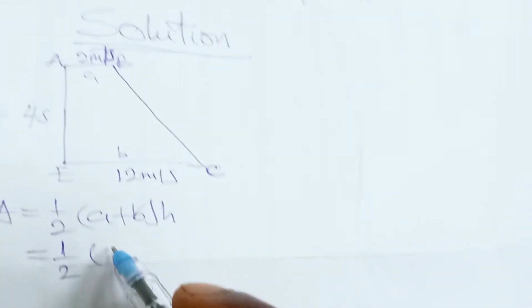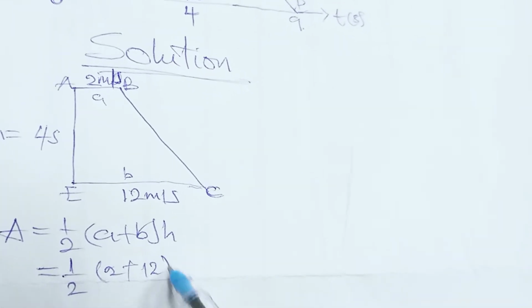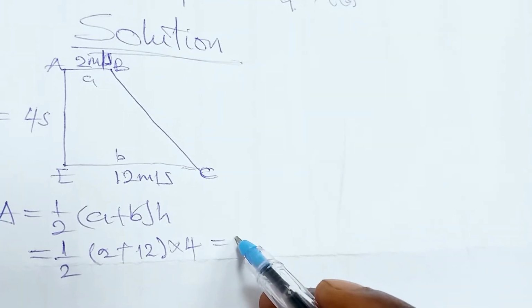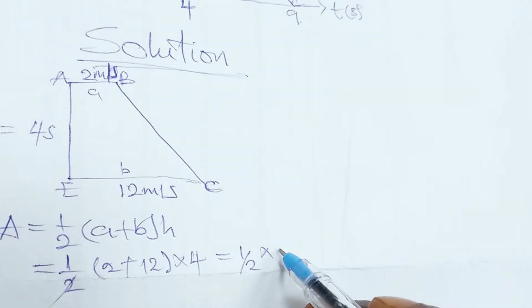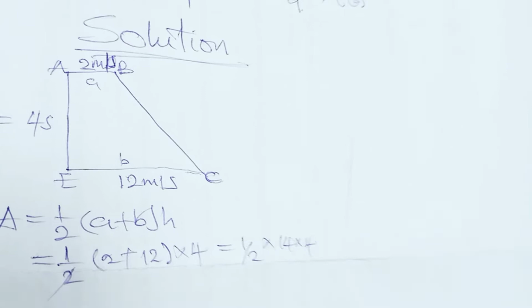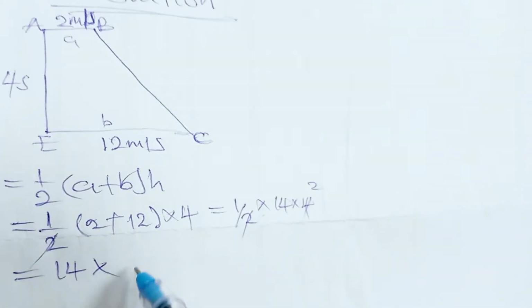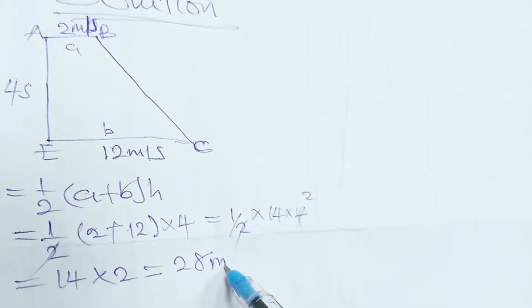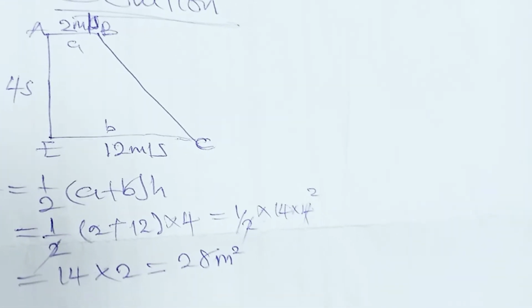So we have 1 over 2 times (2 plus 12) times 4, which is 1 over 2 times 14 times 4. That will be 14 times 2, and that's going to give us 28 in meter square.